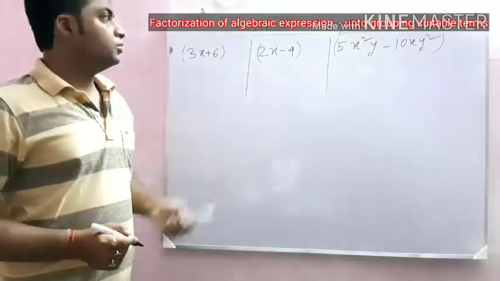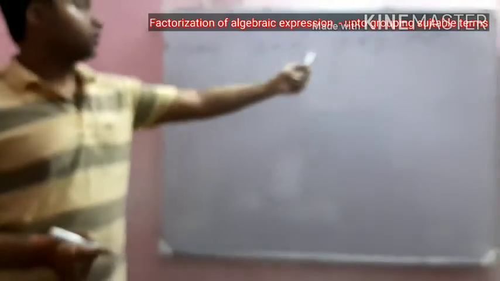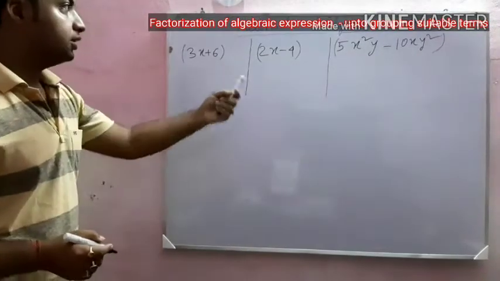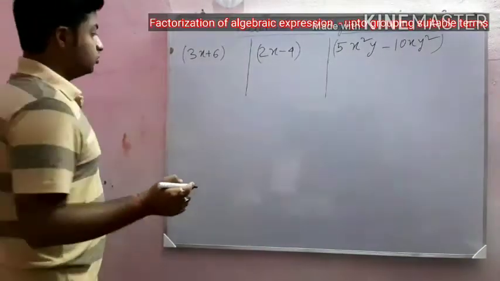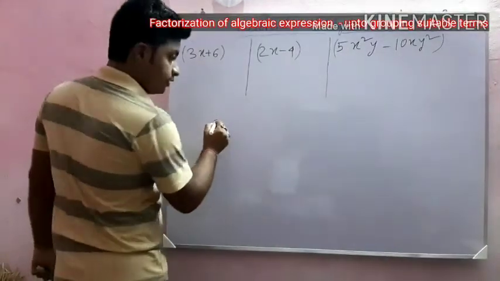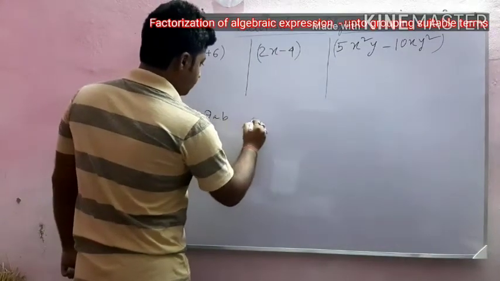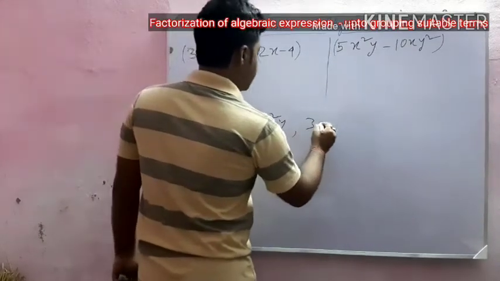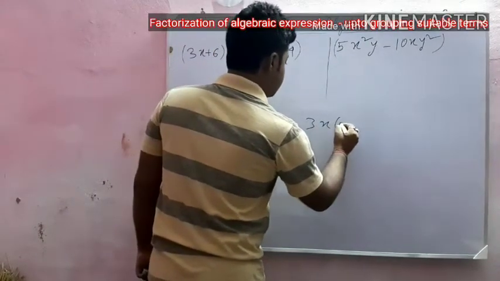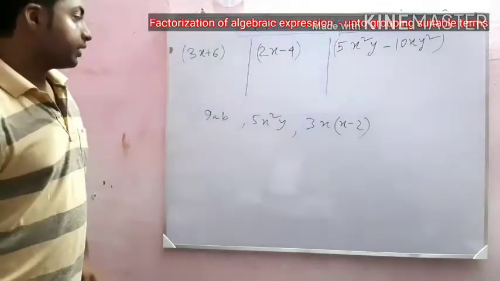Suppose you have to find out the factors of these algebraic expressions. I have taken 3 different algebraic expressions here. Just now I have shown you calculating the factors of 9ab or 5x square y or 3x into x minus 2, these kind of terms, right?